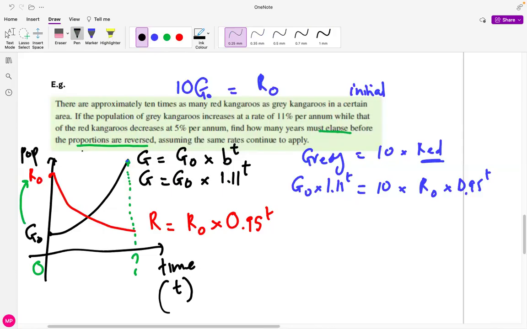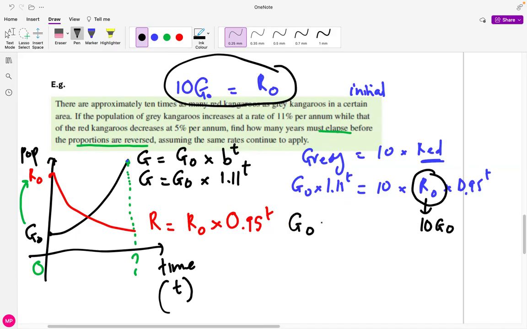So how do we solve for T? Here they give you R0 is 10 of G0. So R0 here, you're going to replace with 10 G0. So you have G0 times 1.11 to the power of T equals 10 times 10 G0 times 0.95 to the power of T.